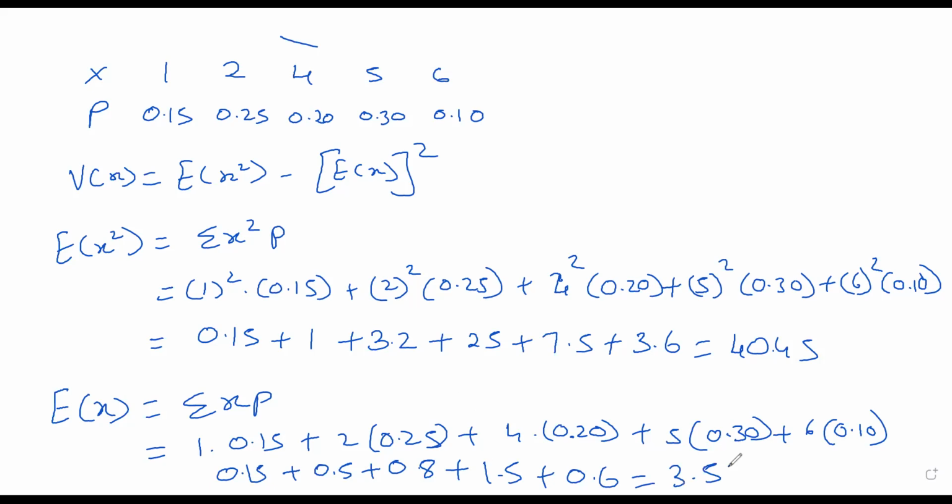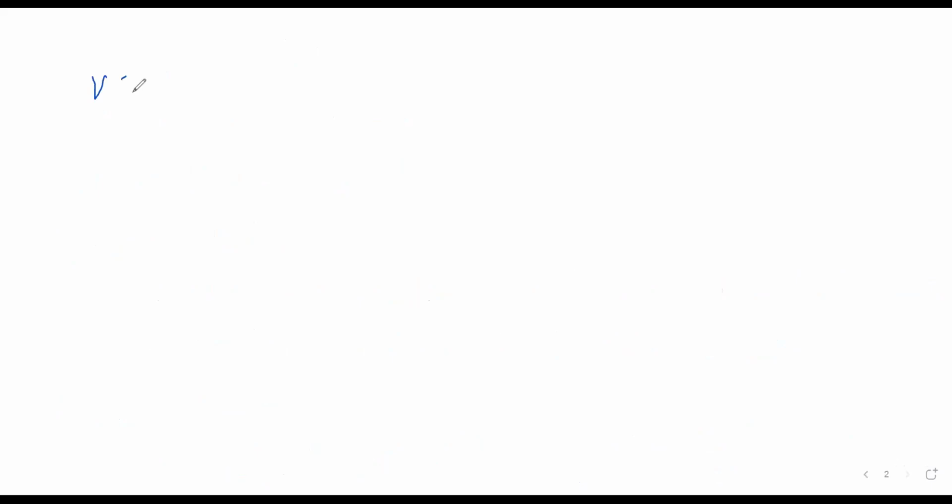This is 3.55. Now we'll find the variance. It will be 40.45 minus 3.55 bracket square.